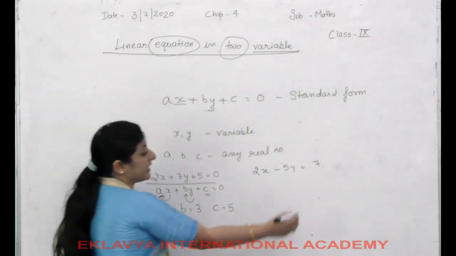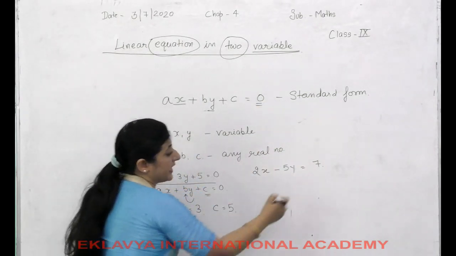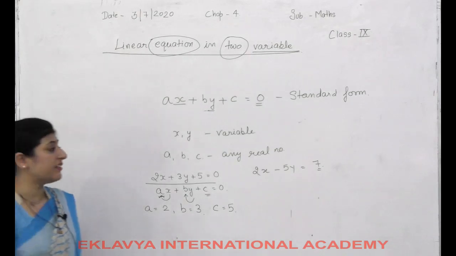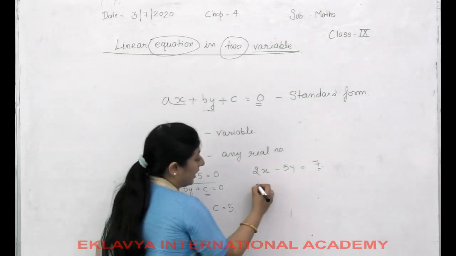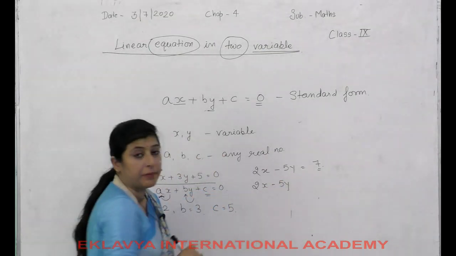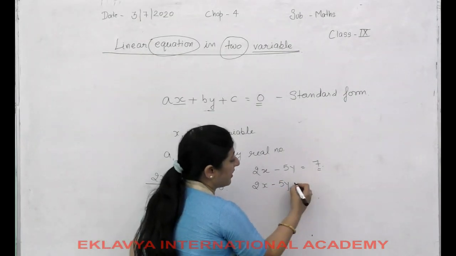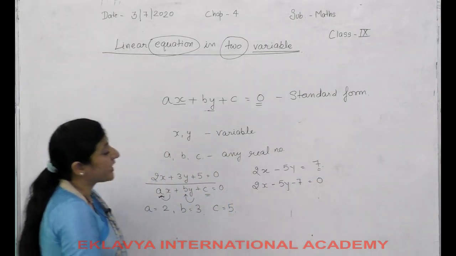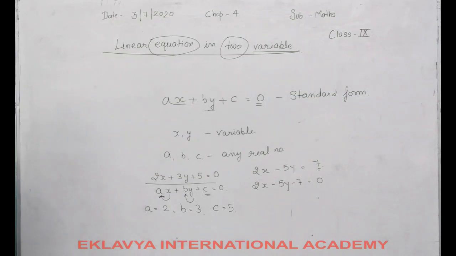No, because on the right side there should be only 0, but here on the right hand side it is 7. Then firstly we convert it into standard form, that is 2x minus 5y plus 7, when you change the side it becomes minus 7. Now we can say that it is in standard form.